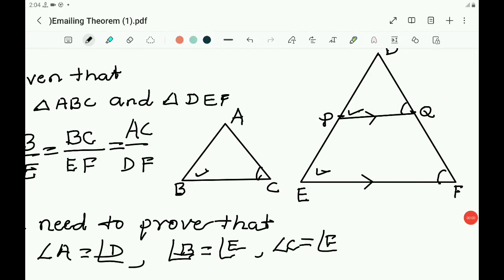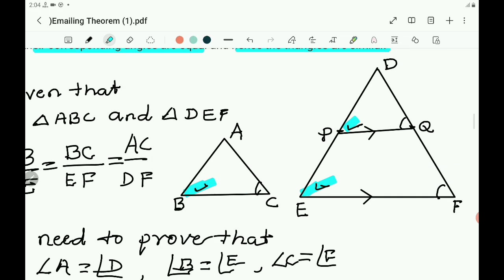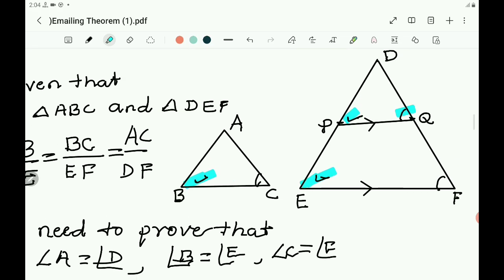In fourth, you got angle A equals angle D, angle B equals angle DPQ, angle C equals angle DQP, and the same angles DPQ and DQP are equals to angle E and angle F. So we got angle DPQ equals angle E and angle DPQ equals angle B. So these three angles are equal. Therefore, angle B is equals to angle E. Here we got angle DQP is equals to angle F, and the same angle DQP is equals to angle C. Therefore, these three angles are equal.